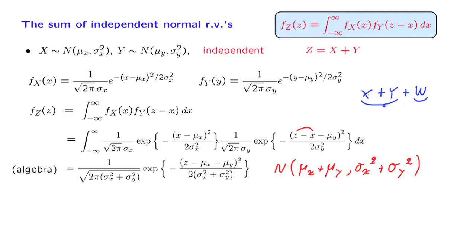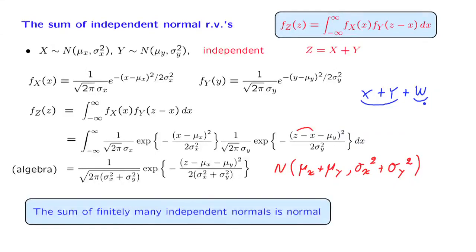Therefore, this sum is independent from w, so we're dealing with the sum of two independent normal random variables again, so this sum here is going to be normal as well. And we continue this argument by induction and conclude that more generally the sum of any finite number of independent normal random variables is normal.